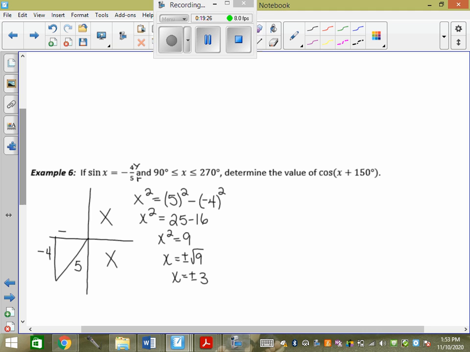And in this case, it has to be -3. And if you don't draw the triangle, you're not going to know which one to pick. It can be like a 50-50 guess if x should be negative or positive, and we don't want that.